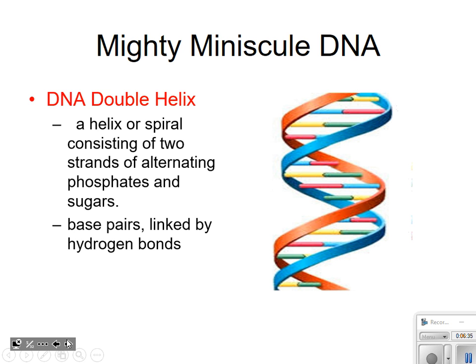Base pairs are the rungs of this spiral ladder. The base pairs are the rungs, and they are linked together by hydrogen bonds. So if you look here, this yellow and this green, that's two base pairs. This red and this blue, that's two base pairs. So you can see yellow, green, red, blue, yellow, green, red, blue.